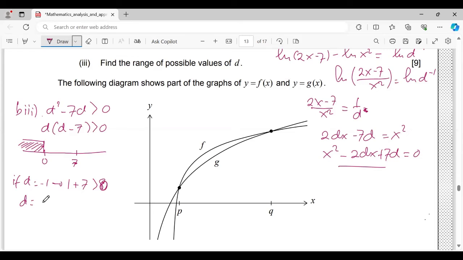Now, if d equals 8, here after 7, it becomes 64 minus 56, greater than 0 as well. This statement is correct. So this is the solution area too.